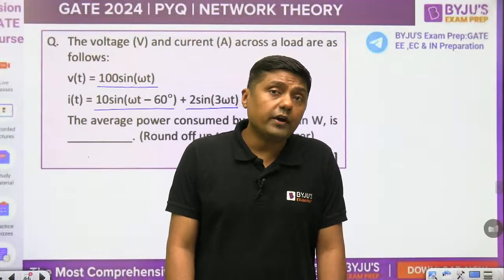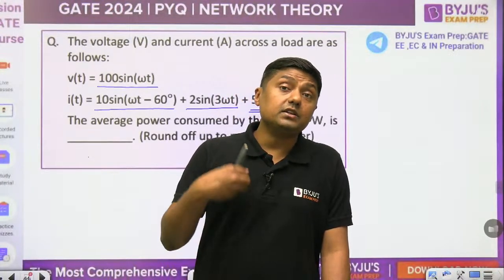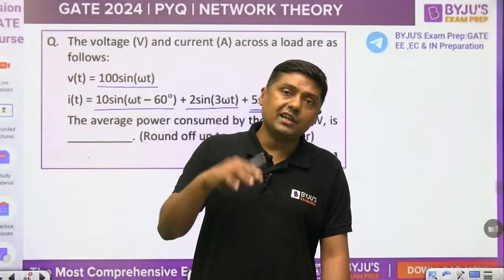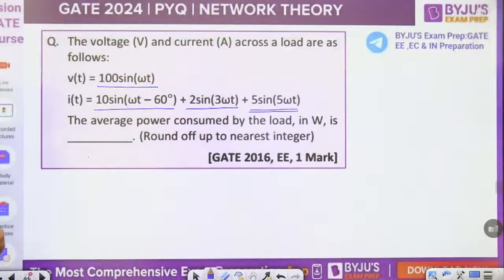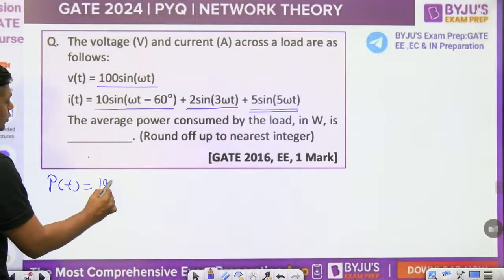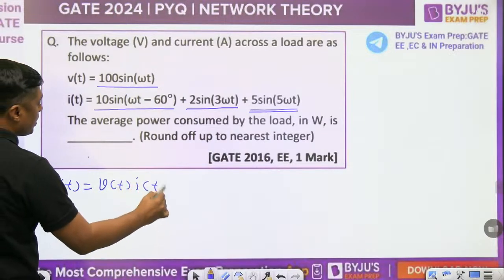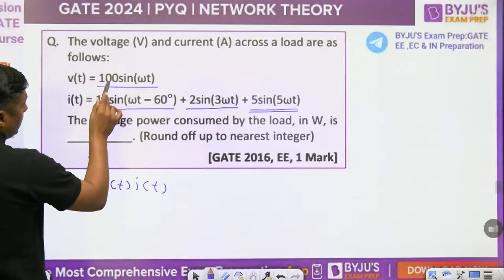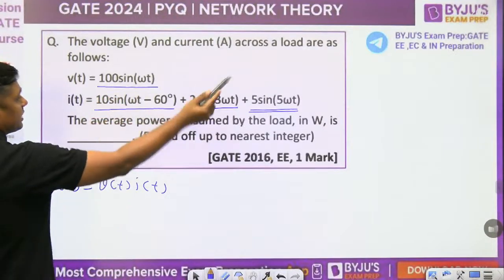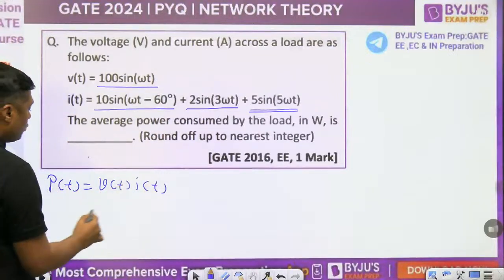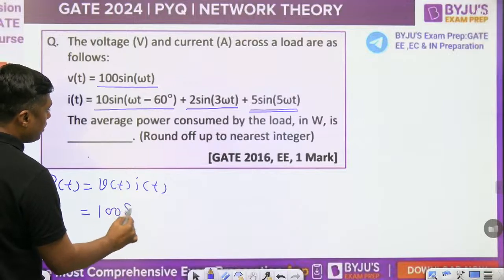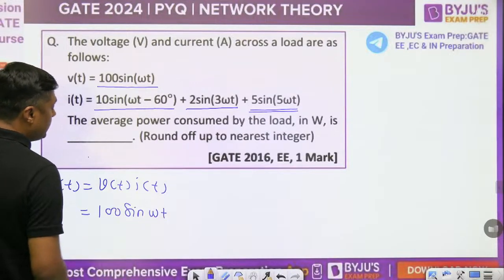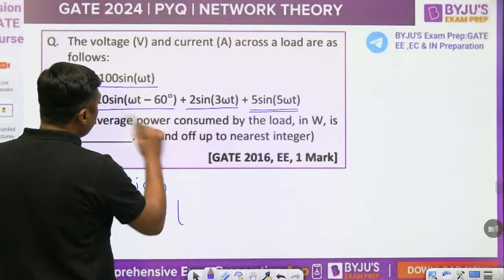Now, how are we going to find the average power? We find the instantaneous power and then integrate it, and we get the average power from that. Instantaneous power means p(t) is equal to v(t) into i(t). Now you can multiply the 100 sin omega t with this signal and then find the values, and apply the formula for sin A sin B. So sin of omega t is multiplied with this complete signal: 10 sin(omega t minus 60), plus 2 sin 3 omega t, plus 5 sin 5 omega t.